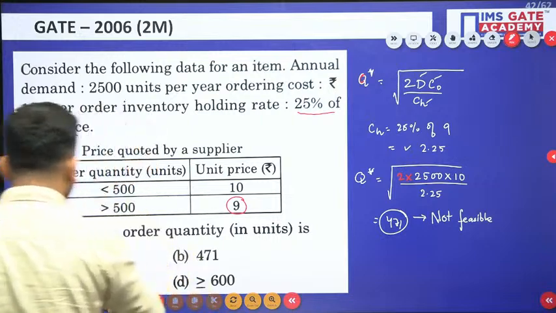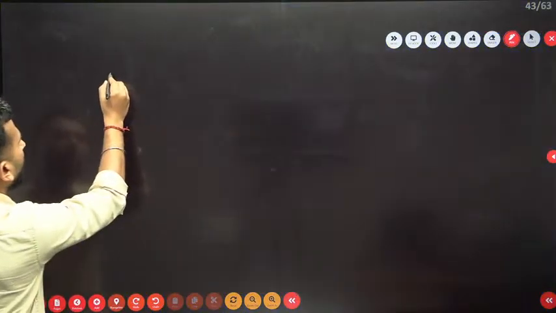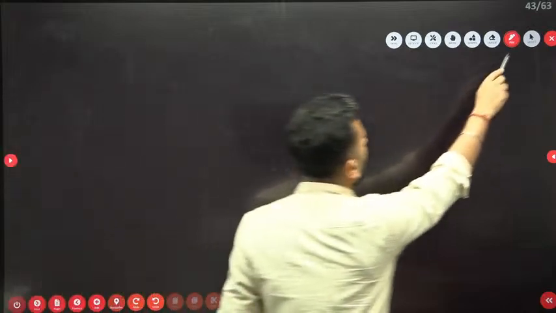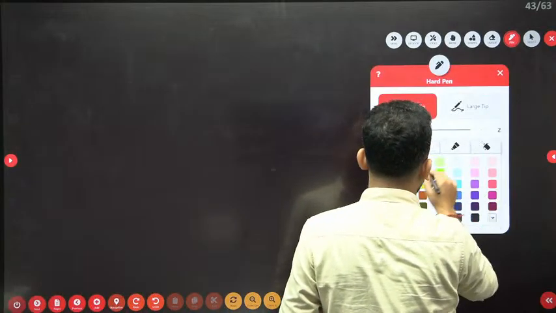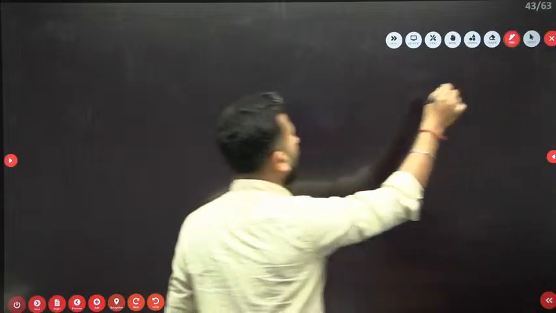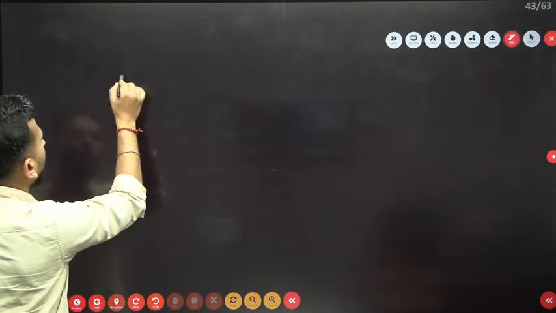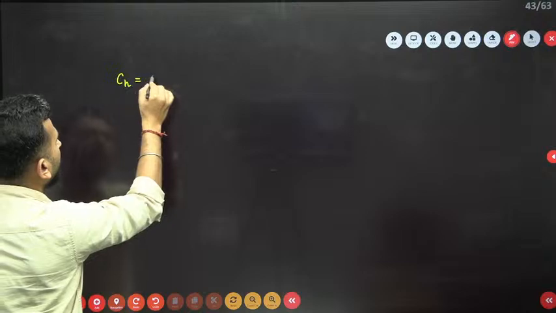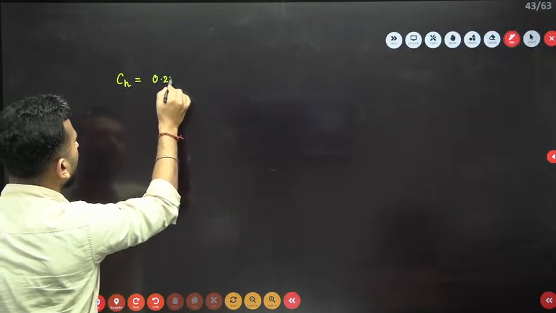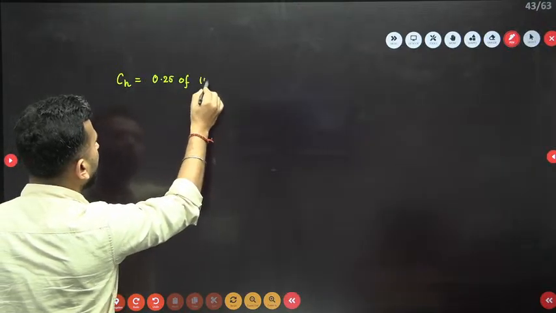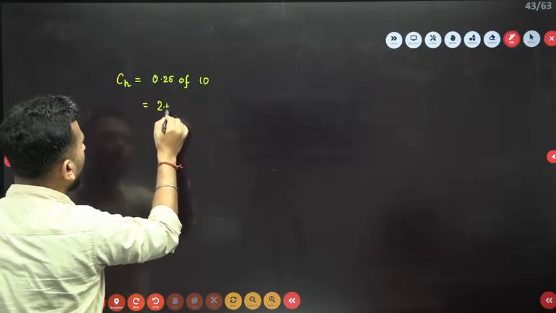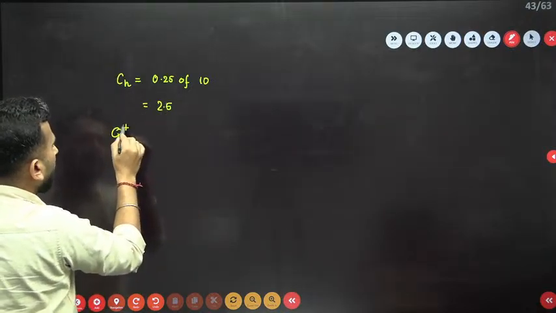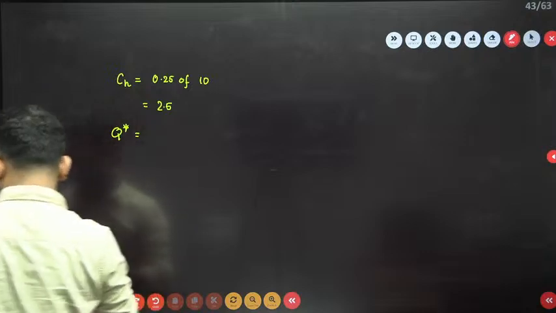Again you will find your new CH, that is 25% of the unit price, which is now 10, so it is 2.5.